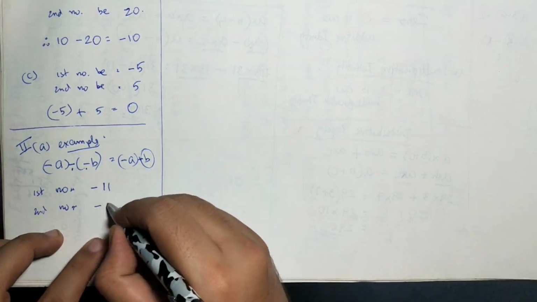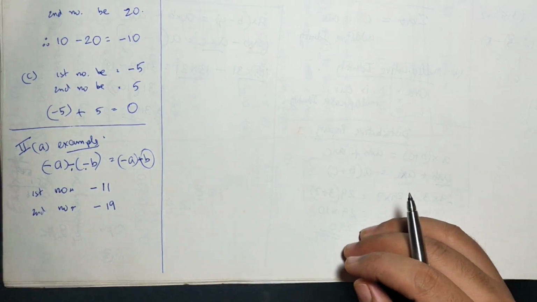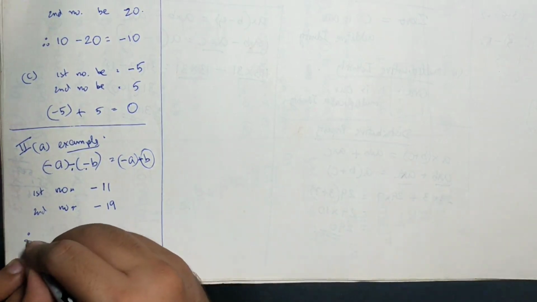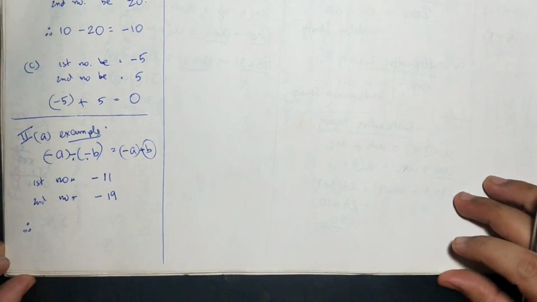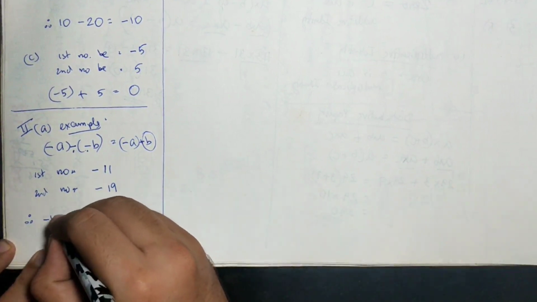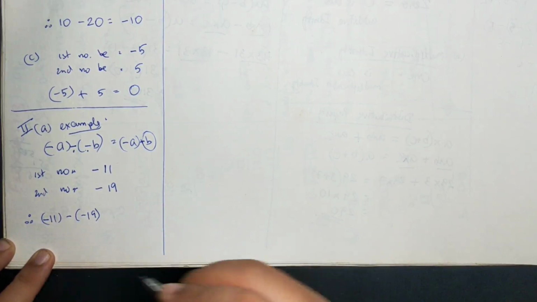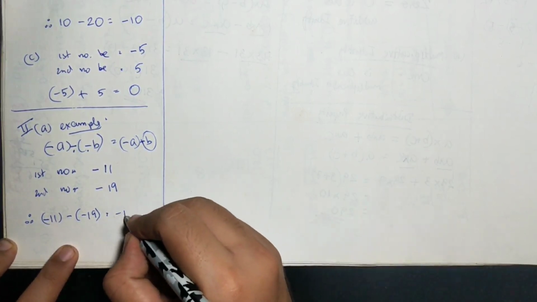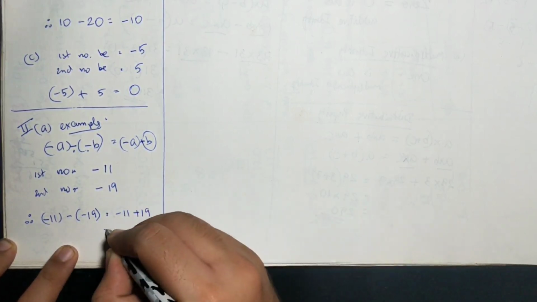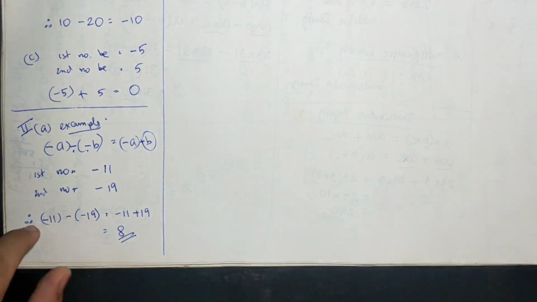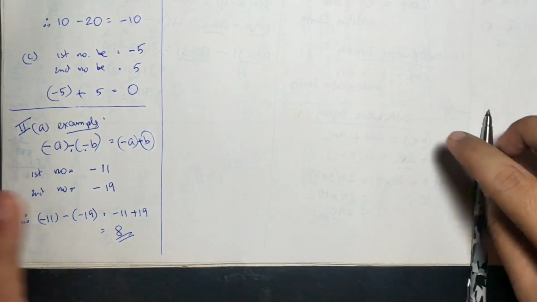So if I take a number which is greater than 11 by 8, it is 19. Therefore the solution will become minus 11 minus of minus 19. This will become minus 11 plus 19. Answer equals 8.